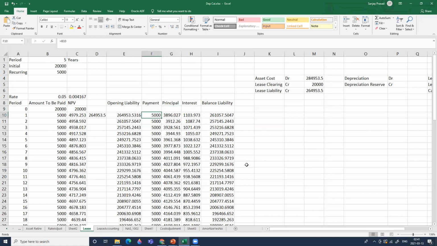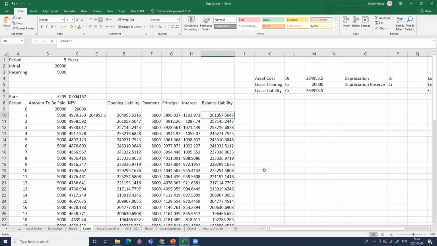How can we check this? This is the opening liability for the first month. This is the expense, and this portion of the amount is coming from the lease liability. Since I'm paying, this amount is already paid off the lease liability through this payment. So my closing liability will be this minus this.